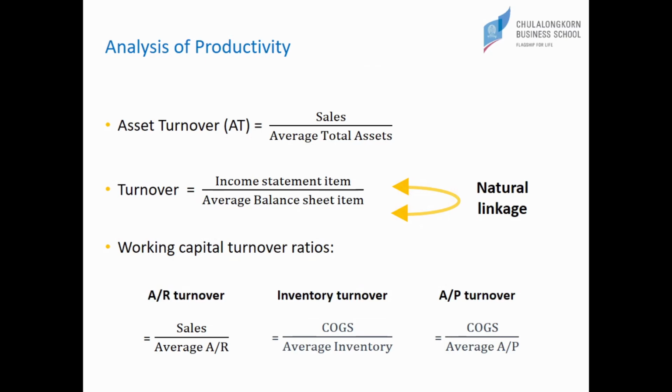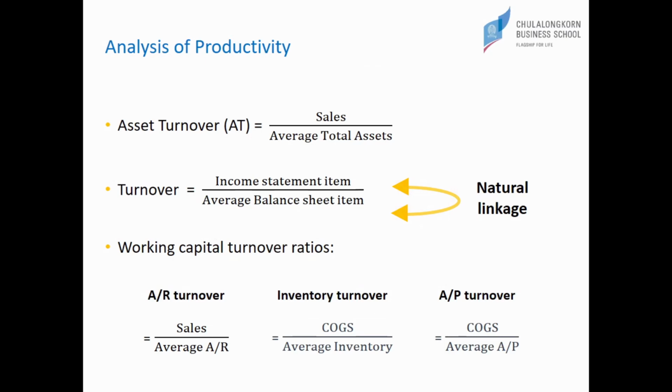So it's because accounts receivable is reported on the balance sheet at the selling price, and that's why we use the sales in the numerator. But for the other two items, inventory and accounts payable, they're reported on the balance sheet at cost. Okay? So that's why we use the cost of goods sold.